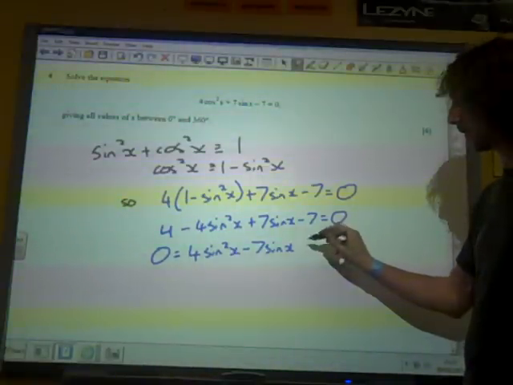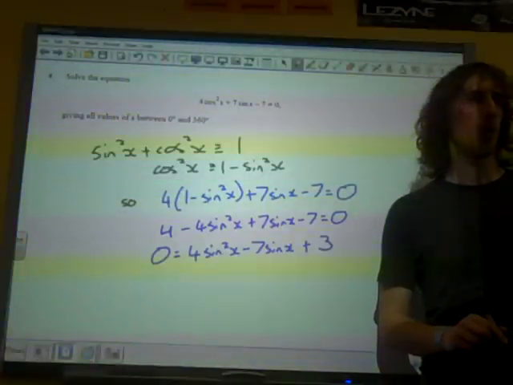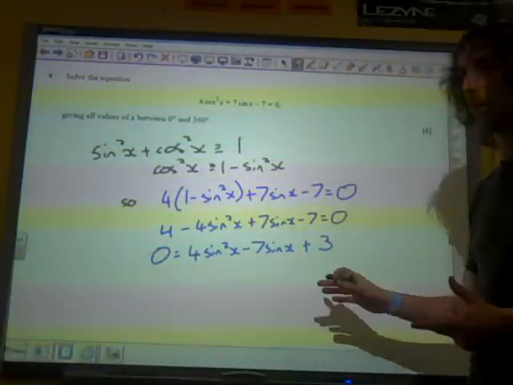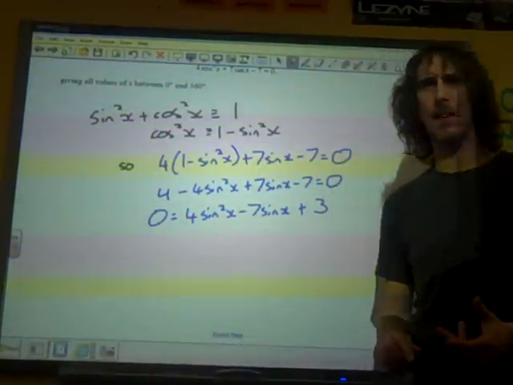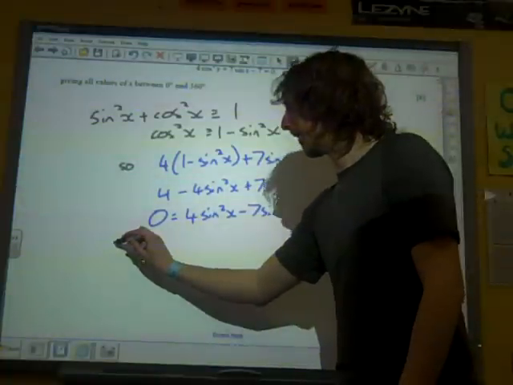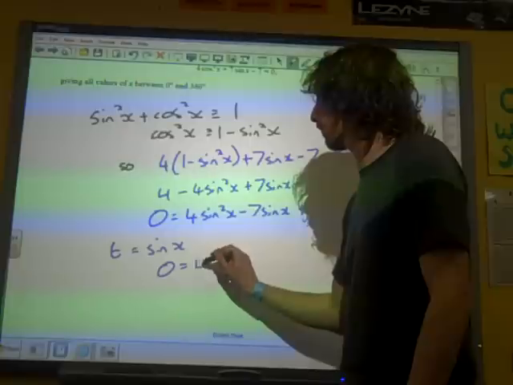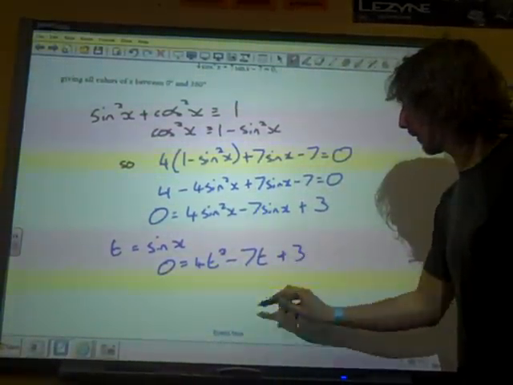Plus 3. We may feel that we actually want to write this in slightly less confusing terms, so let's use another letter. Let's use t as being sin x, so 0 is 4t squared minus 7t plus 3.